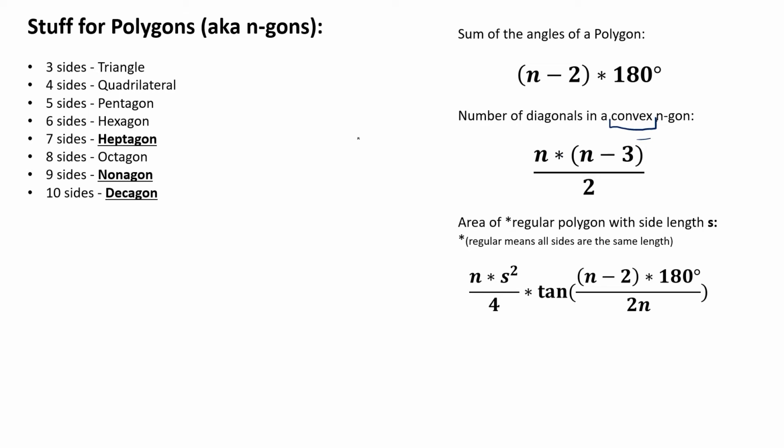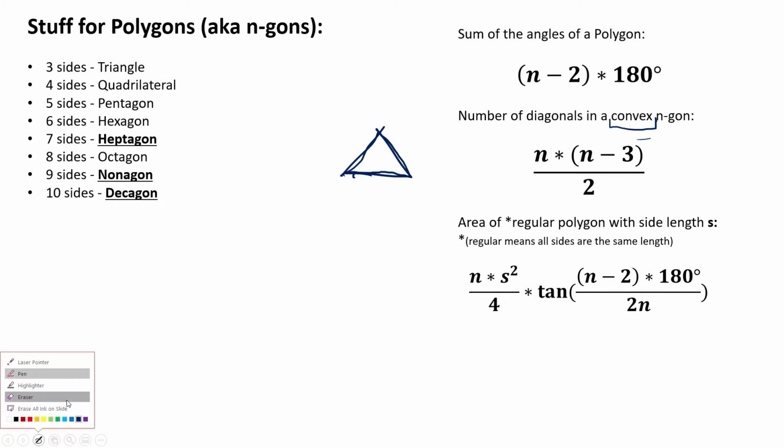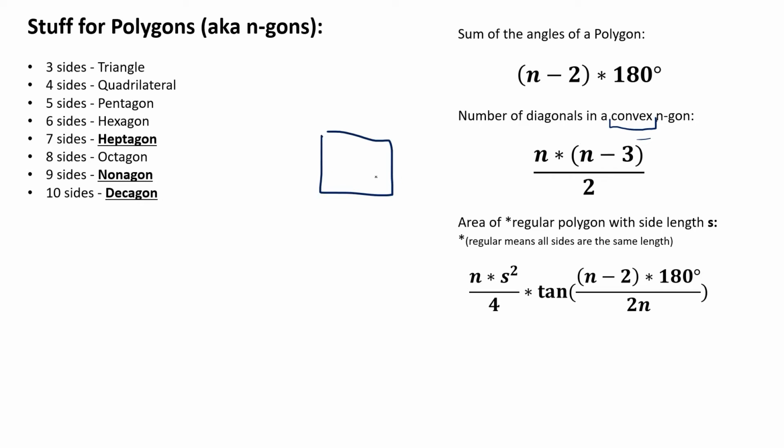So for a triangle, there are no diagonals, right? Because the n minus 3 becomes 0. And that makes sense. You cannot go to another point without just tracing the triangle. So triangles have no diagonals. However, a square is the first one where we'll have some.